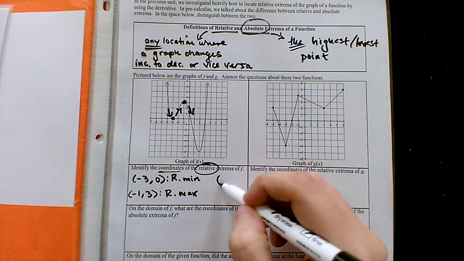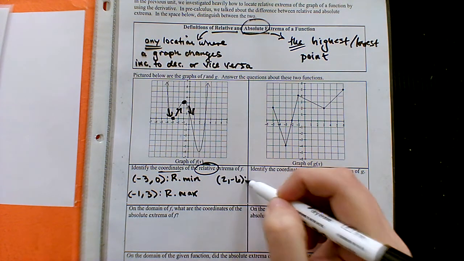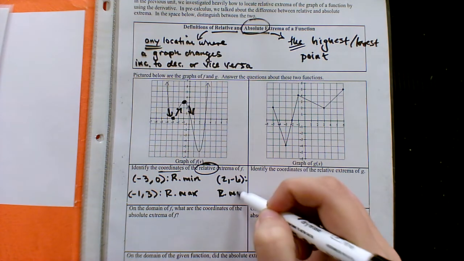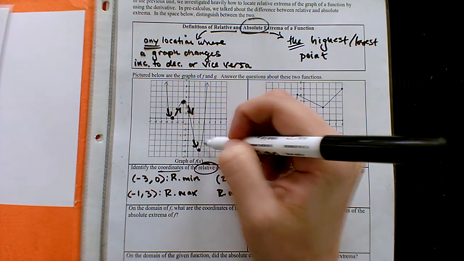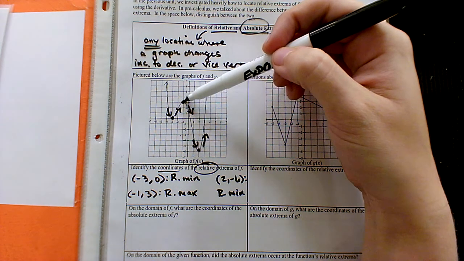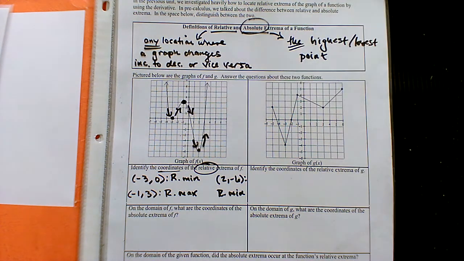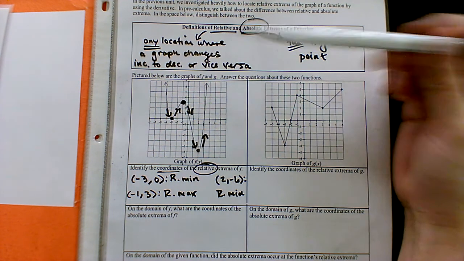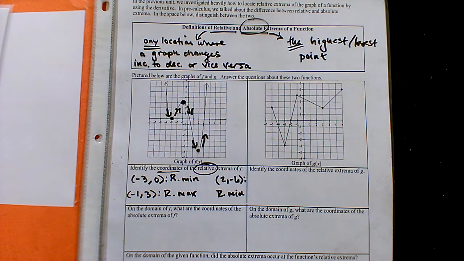Good, Griffin? 2, -6. And what's that type? Min. Relative min. All right, decreasing to increasing. Looks good. So those are any point where, and graphically, they kind of look like tops of mountains or bottoms of valleys, visuals that we can look for. But by definition, we're changing increasing to decreasing or decreasing to increasing.